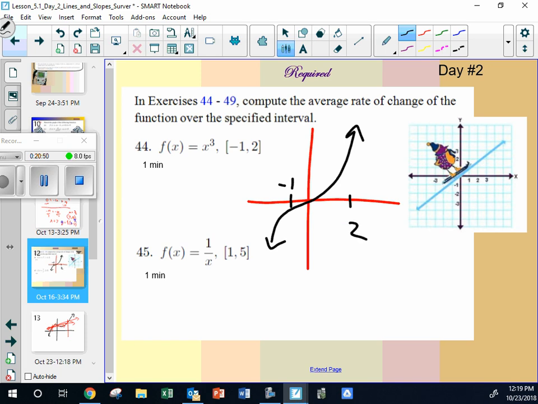And it wants the average rate of change, also known as the slope, of the function over the specified interval. Well, hint, what they really are giving you is 2 points. (-1, something) and (2, something).